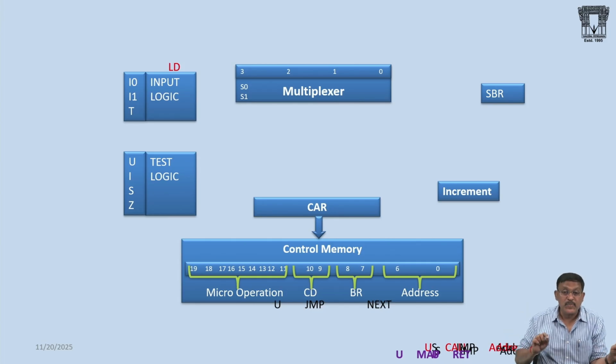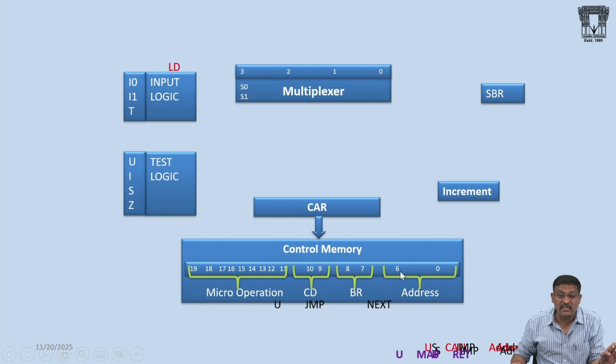I will repeat. The next address of the control memory to be accessed is represented within the current micro instruction format. The address is representing the next address. If I wanted to access the control memory, this is the previous address already loaded into the CR register.